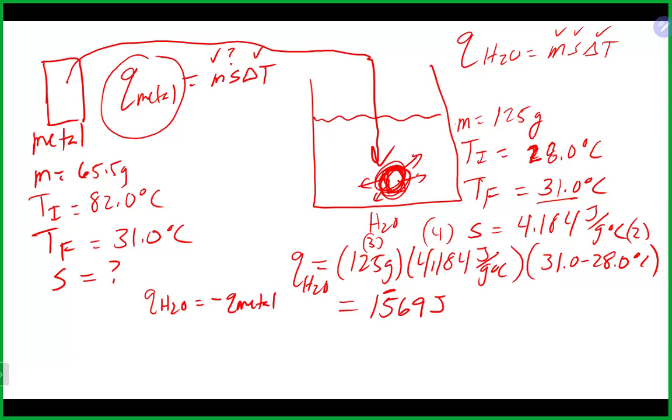The only difference is actually the sign, because one is exothermic, right? And one is endothermic. So the metal's Q in this case should be negative 1569 joules on the non-rounded number. Again the exact same number, just the opposite sign to indicate that it is exothermic for the metal. Any questions on that?